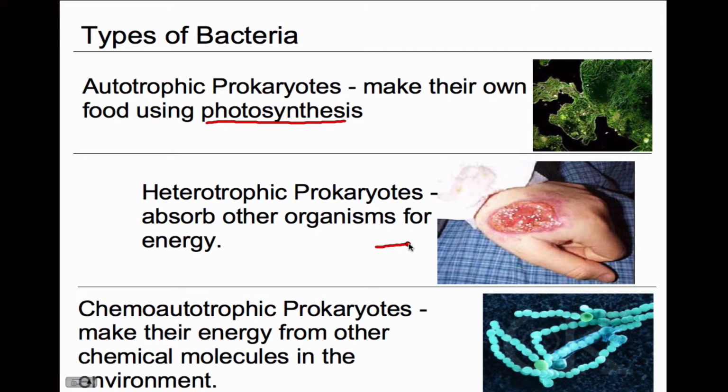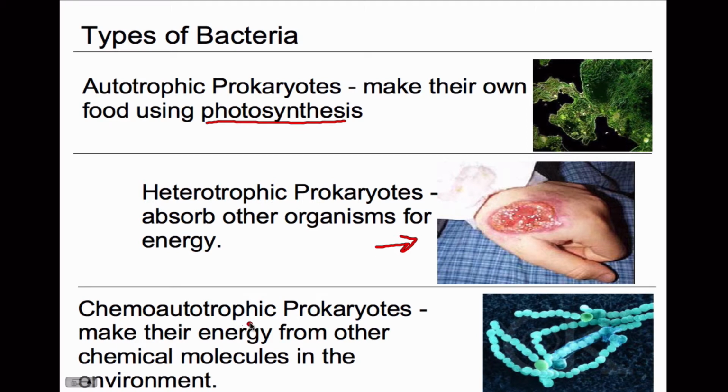We see these when we have a bacterial infection, and that bacteria is actually using our nutrients to keep itself going. And so this is a flesh-eating bacteria right here. And this bacteria is actually absorbing this person's skin or flesh in order to make energy for itself.